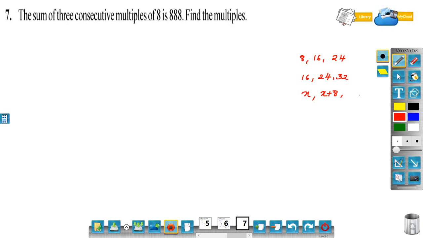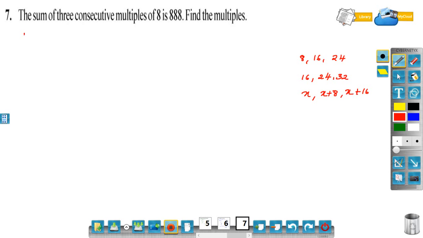And the third multiple will be, now 32 and 16. What is the difference between 32 and 16? That is 16. Next multiple will be 16 more than the first one.